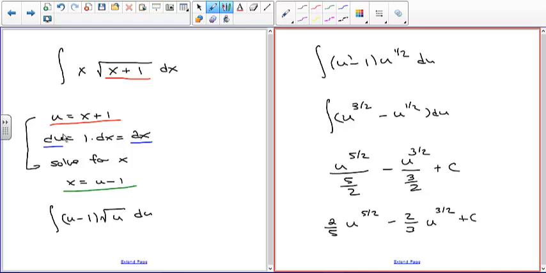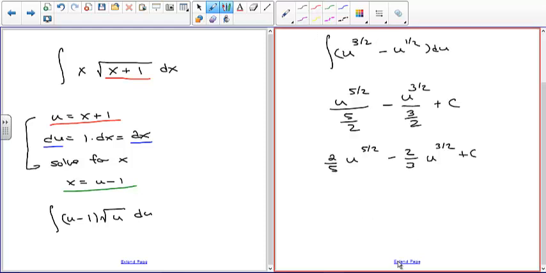And then finally, you can go back and substitute u back in. So you get 2/5 (x plus 1) to the 5/2 minus 2/3 times (x plus 1) to the 3/2 plus c. So there's your answer.